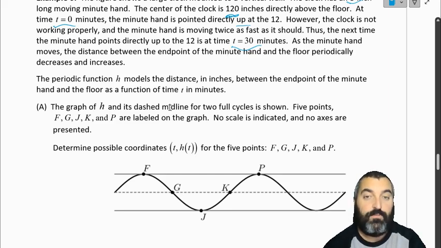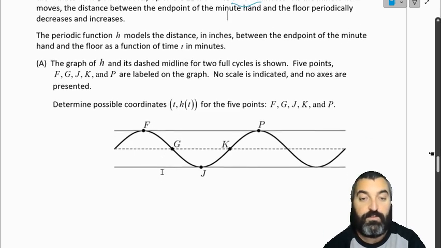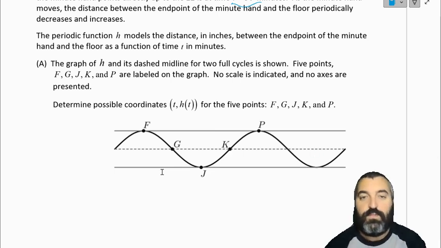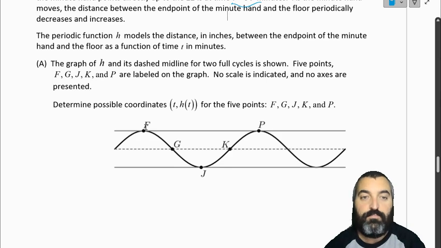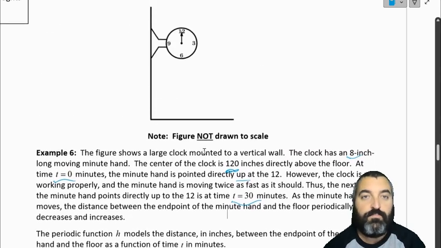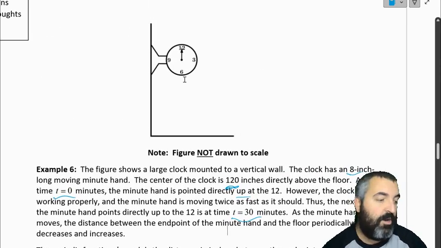They say this is the midline, and there are 5 points: F, G, J, K, and P. No scale is indicated, no axes are presented, and we just need to find possible coordinate points. Technically there are lots of different answers, but we can go back to the image to help us.